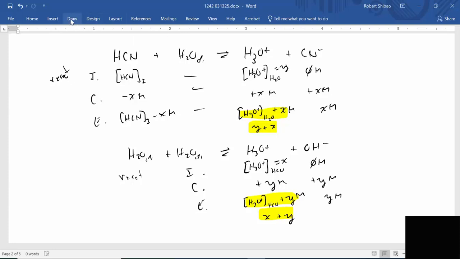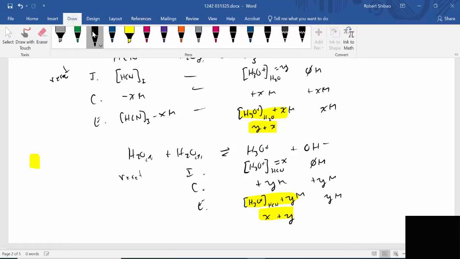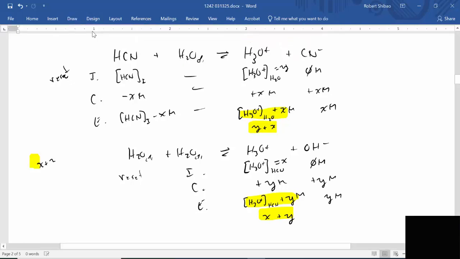Because we know that X plus Y is the same thing as Y plus X. And so they have the same hydronium. In other words, these two equilibria simultaneously will have the same hydronium ion concentration at equilibrium.